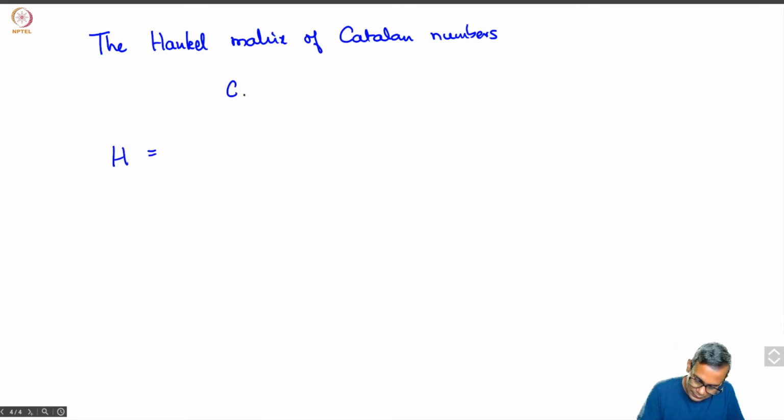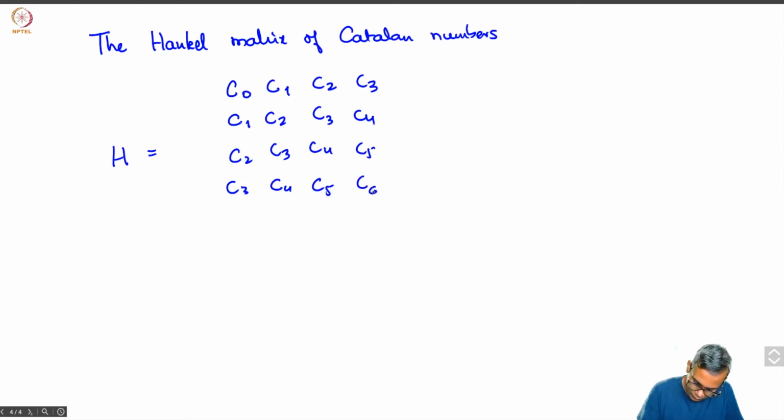So this matrix is again an infinite array: C0, C1, C2, C3 in the first row, then C1, C2, C3, C4, and so on. And it turns out that this array also has all minors positive.